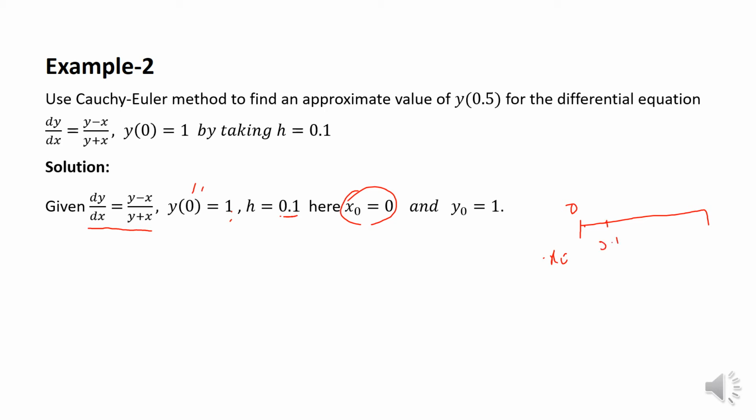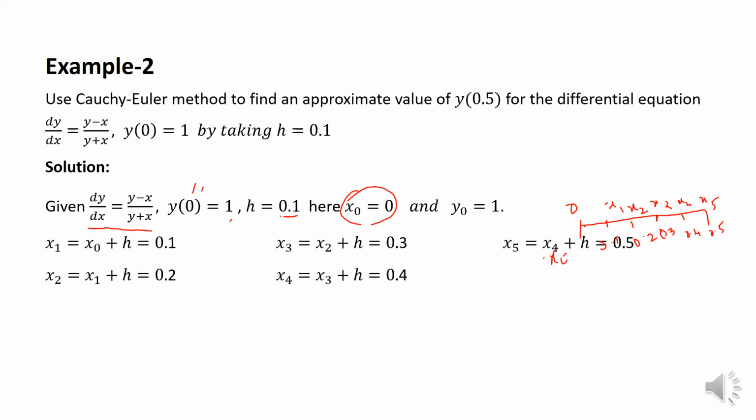So 0.1, that is x1, 0.2, 0.3, and 0.4, this is 0.5. That is x1, x2, x3, x4 and x5.